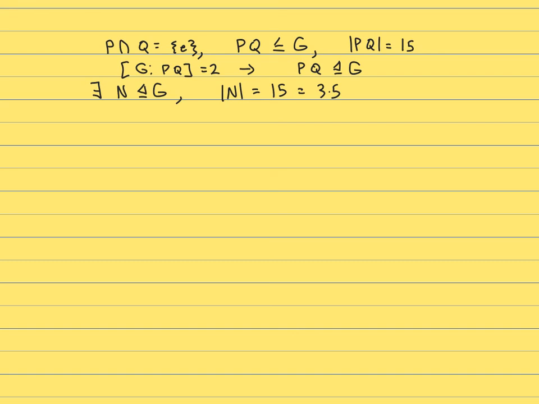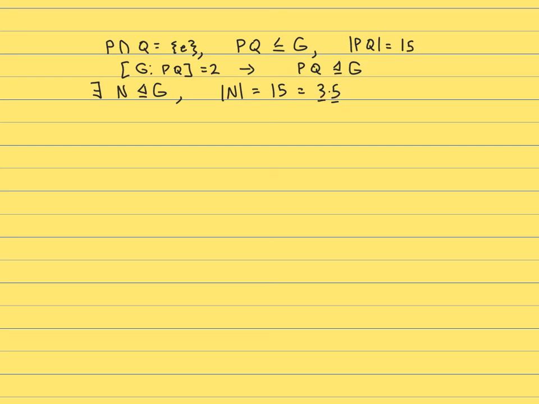Oh, but by the previous calculations, a group of order 15 is either cyclic or this other weird construction, and that weird construction only happens when Q is congruent to 1 mod P, or the larger prime is congruent to 1 modulo the smaller prime. That doesn't happen here.